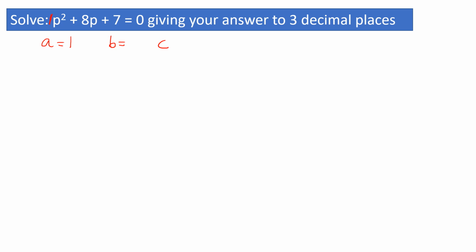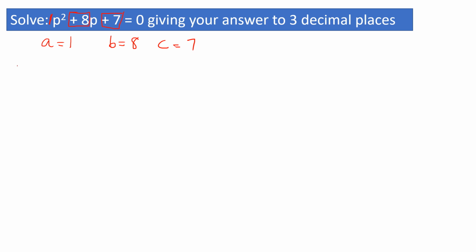Then b is the coefficient of our p term, which is positive 8. And c is the constant, positive 7. Plus 7 is the same thing as writing 7.